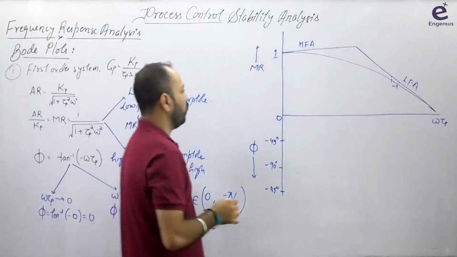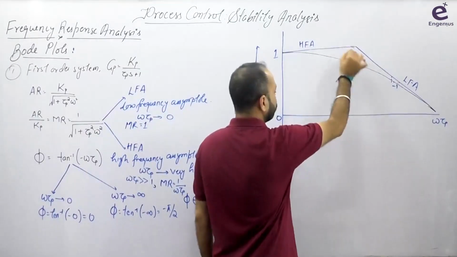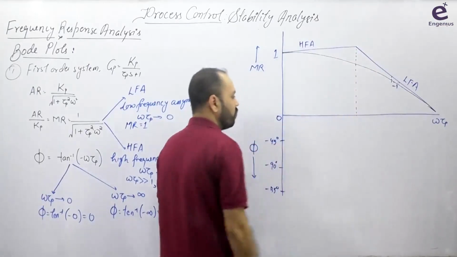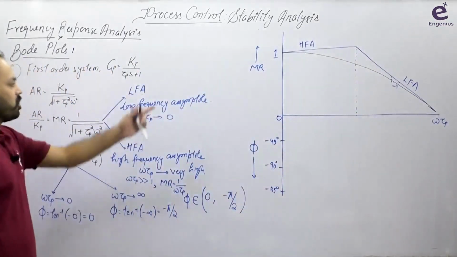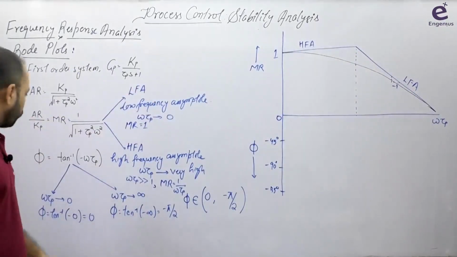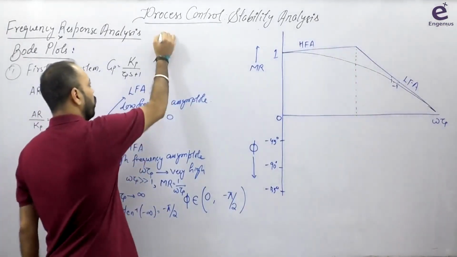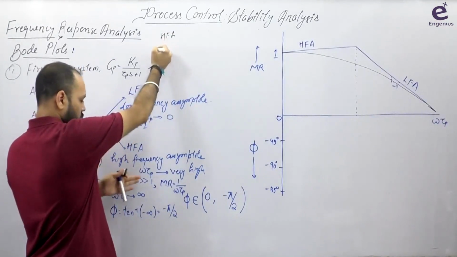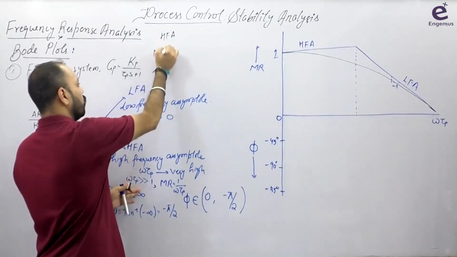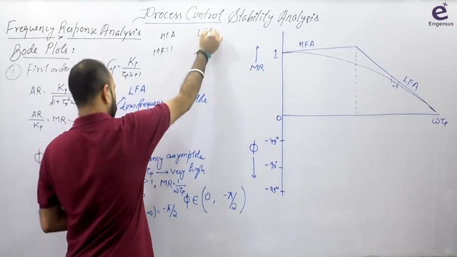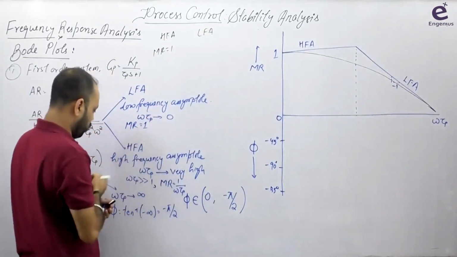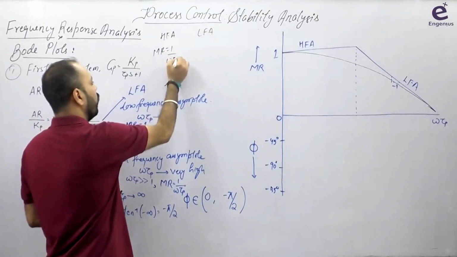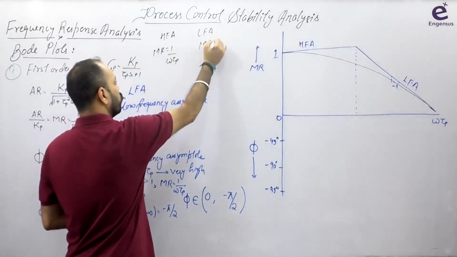Okay, now if I ask you that these asymptotes are meeting here, can you tell me what is this value? HFA equals LFA. What is the equation of HFA? The high frequency asymptote equation is Mr equal to 1 by omega tau p, and the LFA equation is Mr equal to 1.